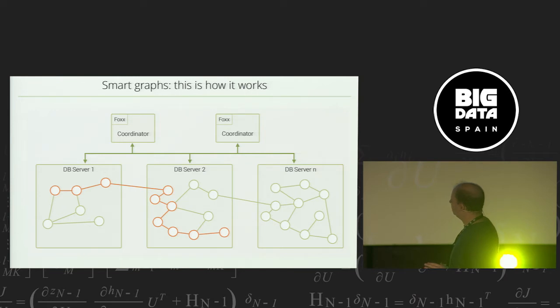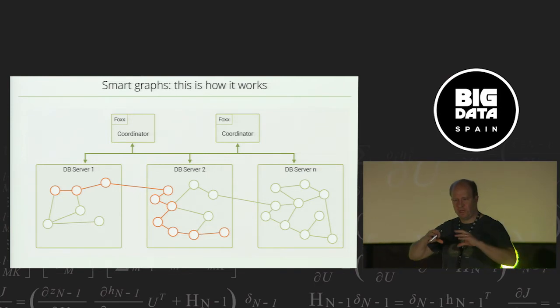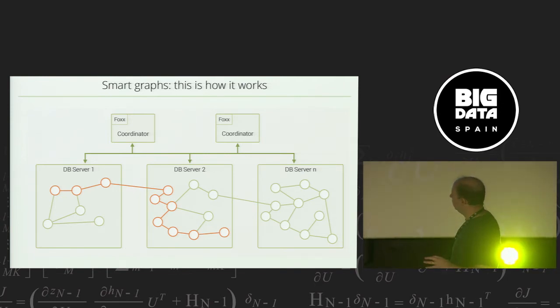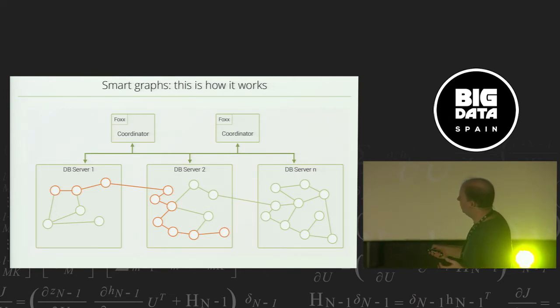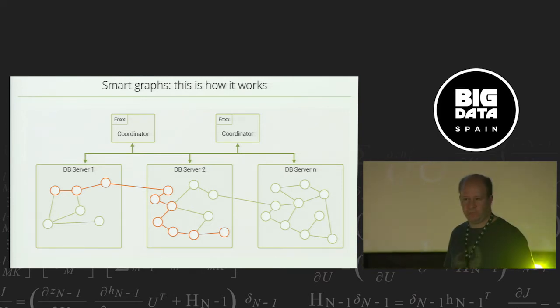But if you distribute your graph a little bit more intelligently and use the structure of the graph and data locality, then okay, you still have to cross network boundaries sometimes, but for example, this graph now can be explored on this side here to some extent. Then there's a network hop to go to another place, and then the rest can be done here, which leads to the fact that for the same graph traversal, the same data, you suddenly have a lot fewer network hops and a very high speed up.